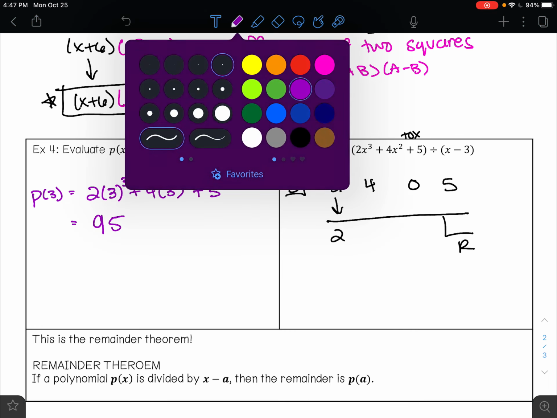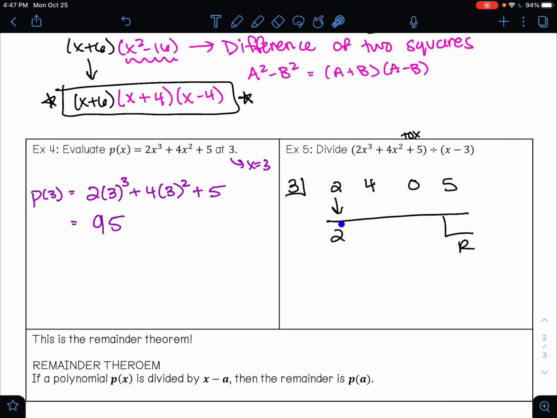So 3 times 2 is 6. 4 plus 6 is 10. 3 times 10 is 30. 0 plus 30 is 30. 3 times 30, what did I do?